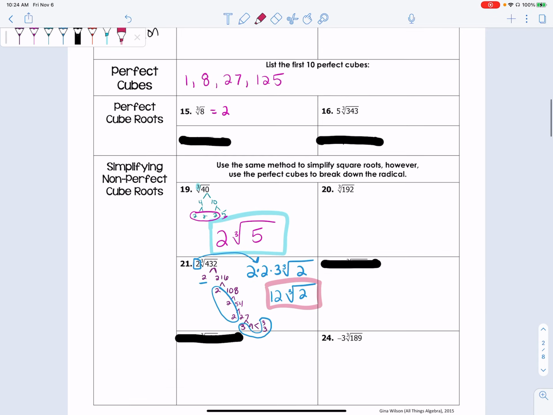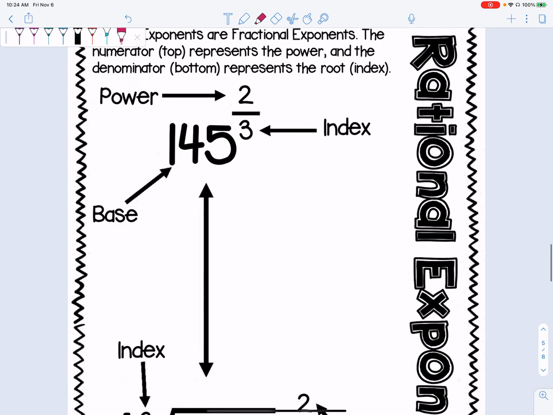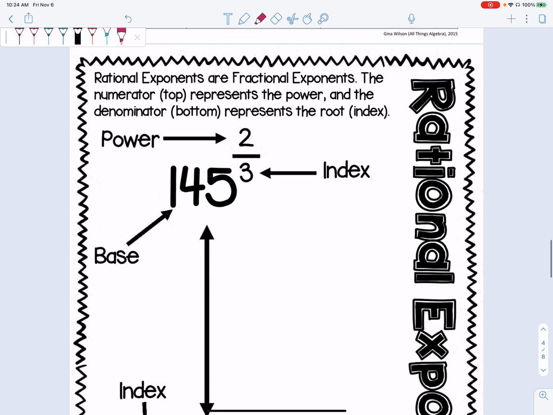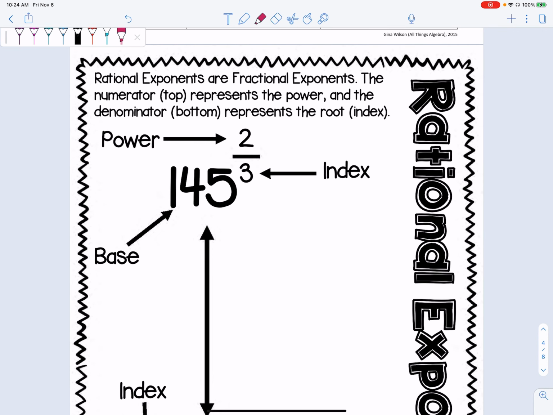Now our last topic, rational exponents. Now you would think, why are we combining a rational exponent, so a fraction in our exponent, with radicals? Well, a fraction in our exponent actually represents the root or the index of a radical.